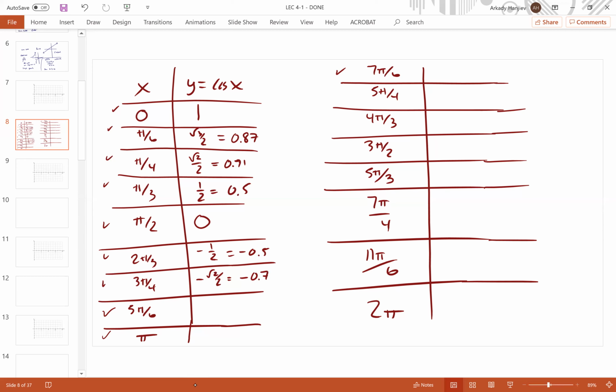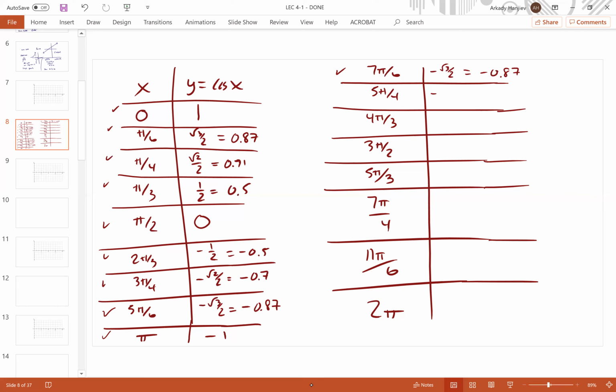Mm-hmm. Perfect. And Grace, 5 pi over 6? Awesome. Adrian for pi? And Zechariah for 7 pi over 6? Negative root 3 over 2 still, so 0.87.